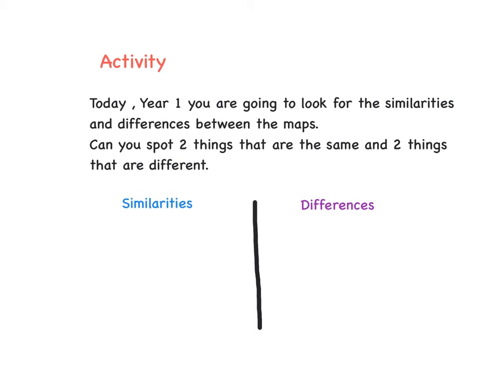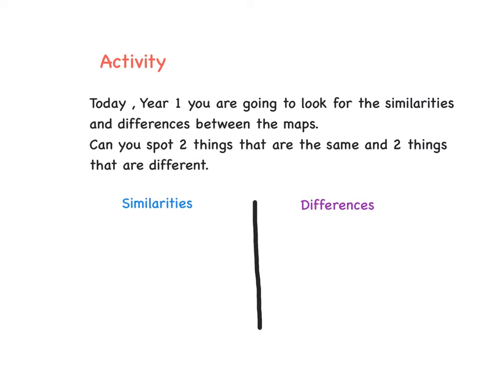So, what I'd like you to do today for your activity Year 1 is to think about the similarities and the differences between the two maps. Can you spot two things that are the same and two things that are different?